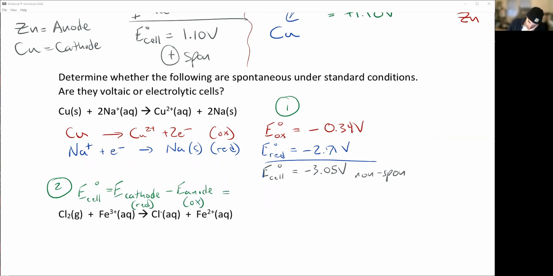I know that the reduction was sodium. So sodium is negative 2.71 volts minus a positive 0.34, because that's the actual reduction potential for it. Negative 2.71 minus that gives me, again, 3.05 volts. So either one gives me essentially the same answer.